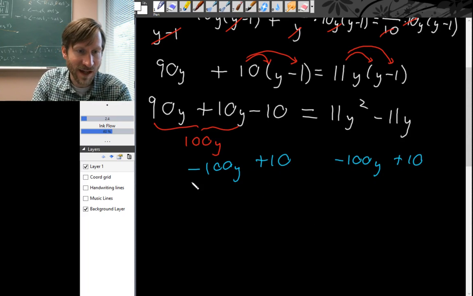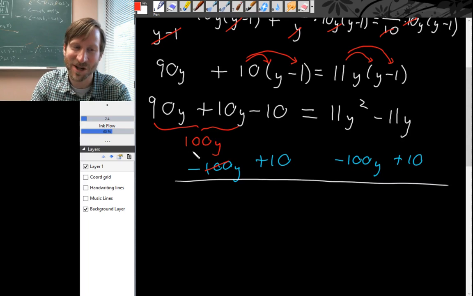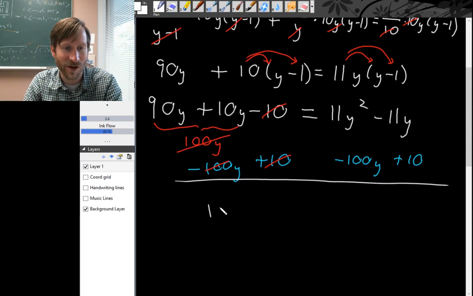So on the left-hand side, the minus 100y cancels the plus 100y, and this plus 10 cancels the minus 10. So on the left-hand side, we are left with just 0.